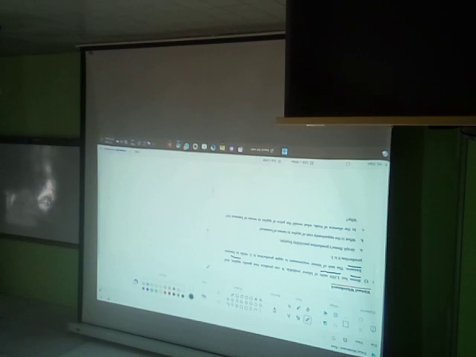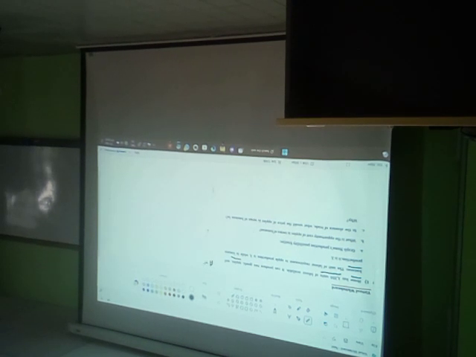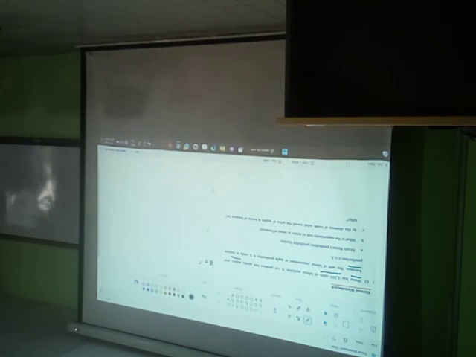Now, in the absence of trade, this relative price will be equal to the opportunity cost. Because opportunity cost means how many units of bananas you have to forgo if you produce 1 unit of apple. That will be your price. That will be your only relative price in the absence of trade, because we use the barter system to exchange without money.